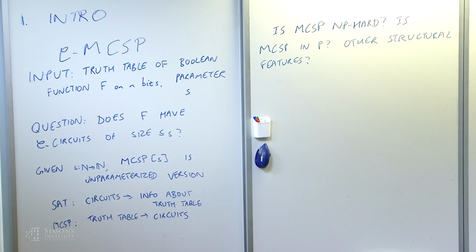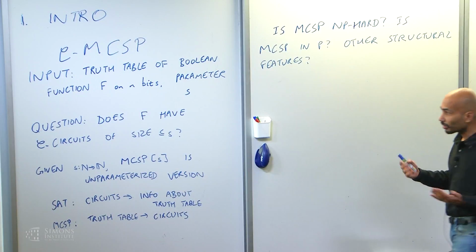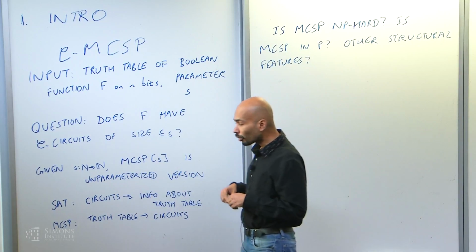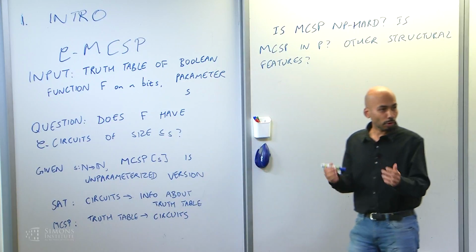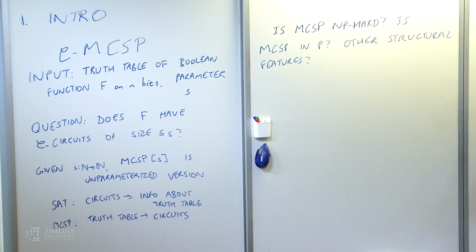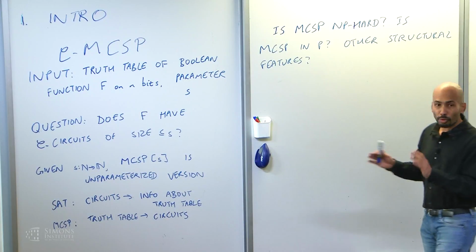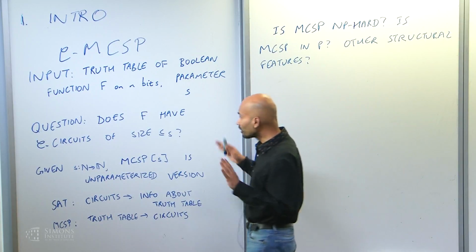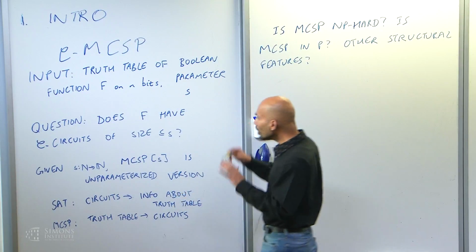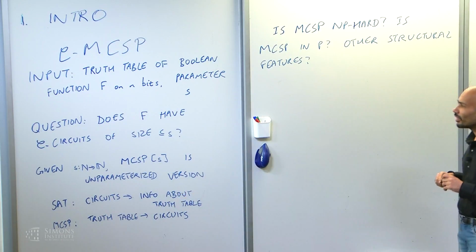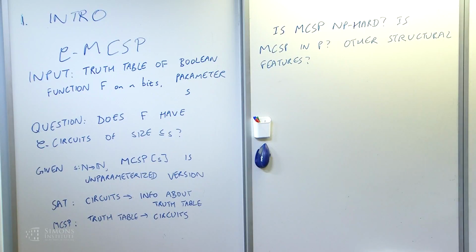You could just give some set of inputs of F together with the values of F on those inputs and ask whether that's consistent with a small circuit. This problem is very closely related to learning theory, because you want to know whether there's a small hypothesis consistent with your set of samples. That will be an interesting question as well, though we won't be talking about it very much in this survey. So these are just some of the variants of MCSP we'll be looking at.